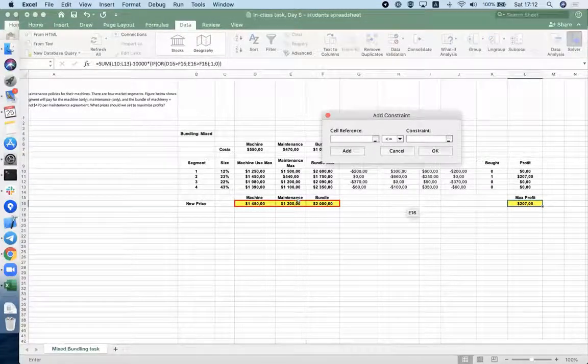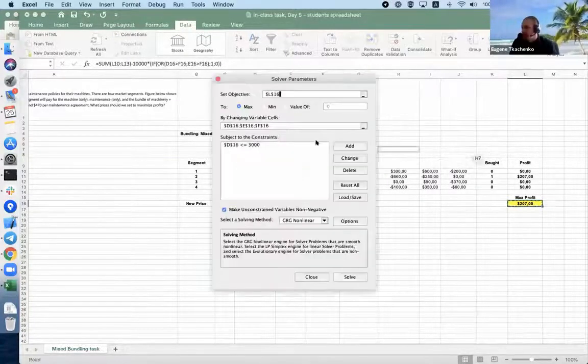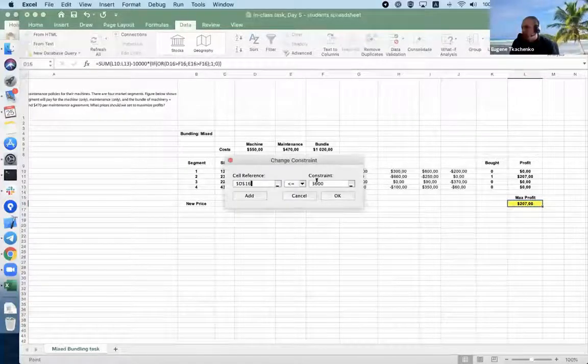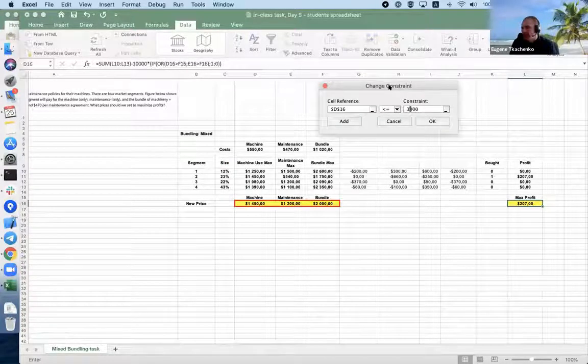Yeah. And then, you know what? Sorry, let's revert it back a bit. So click cancel. And then click change, yep. And select all new prices, so cells C, E16, and F16. So the whole new price ranges. The constraints remain the same. Yeah, you just change the ranges.